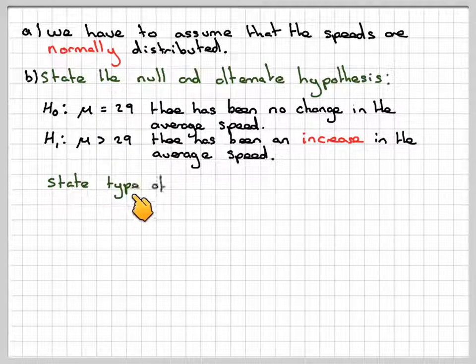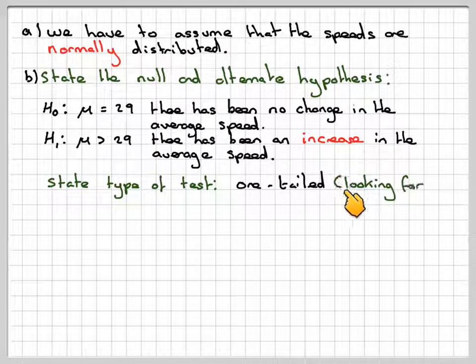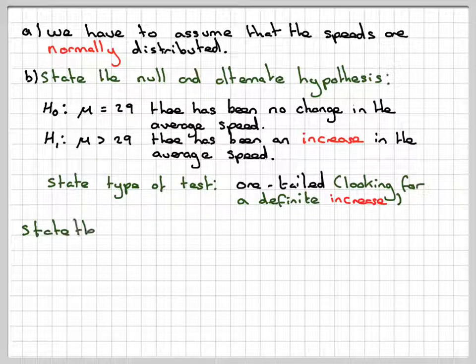So, state the type of test we're going to use. Now, because we're looking for a definite increase, we have to do a one-tailed test. And we will be looking in the upper tail to see if there's been an increase. So then we have to state the distribution.